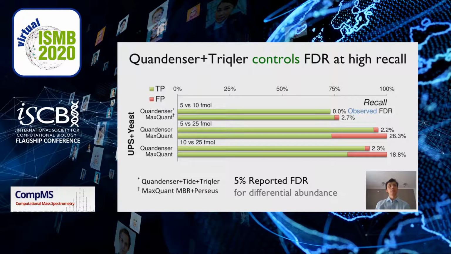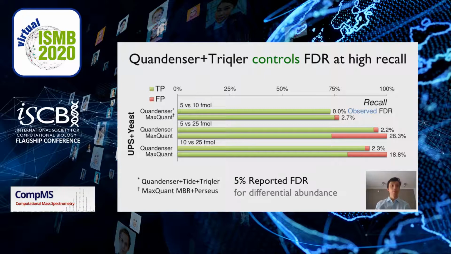So as bioinformaticians, we also care a lot about the quantitative accuracy, not just as bioinformaticians, but also as experimentalists, of course. So what we did was we calculated the observed false discovery rate, meaning the number of false positives over the number of total positives.